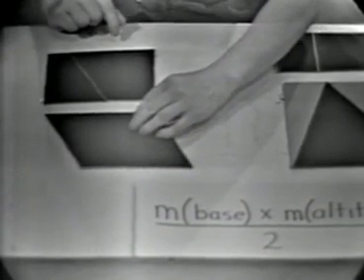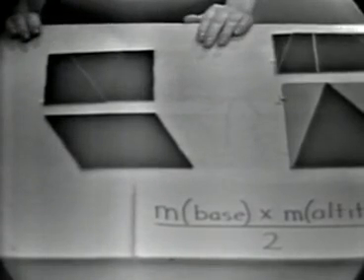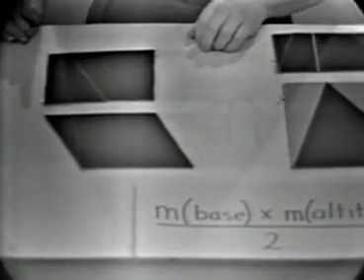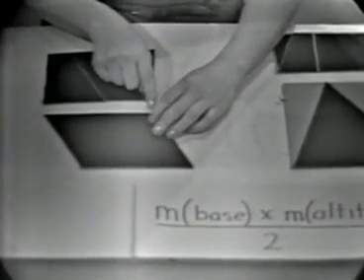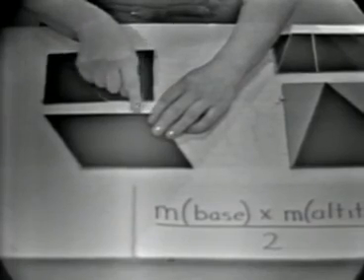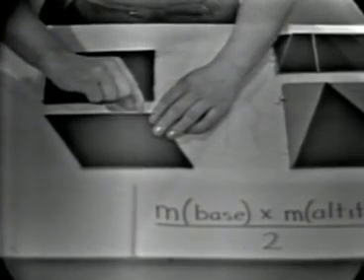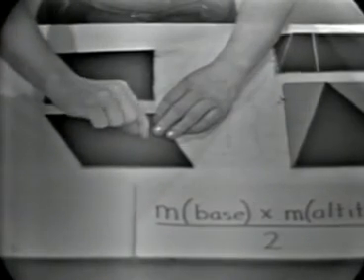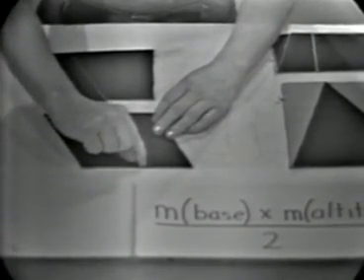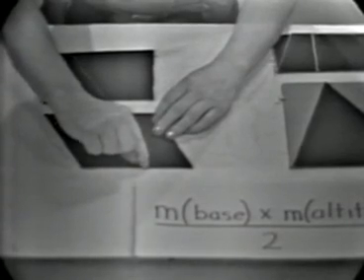We see then we can find the area of a parallelogram by finding the product of the measure of one side and the measure of the altitude perpendicular to that side and the opposite.